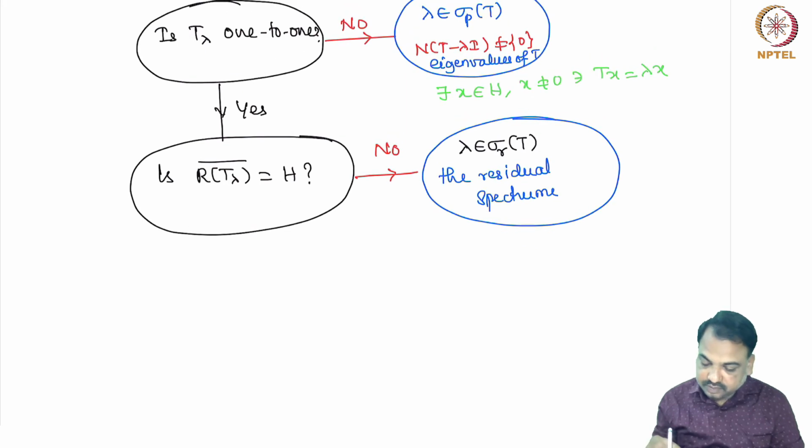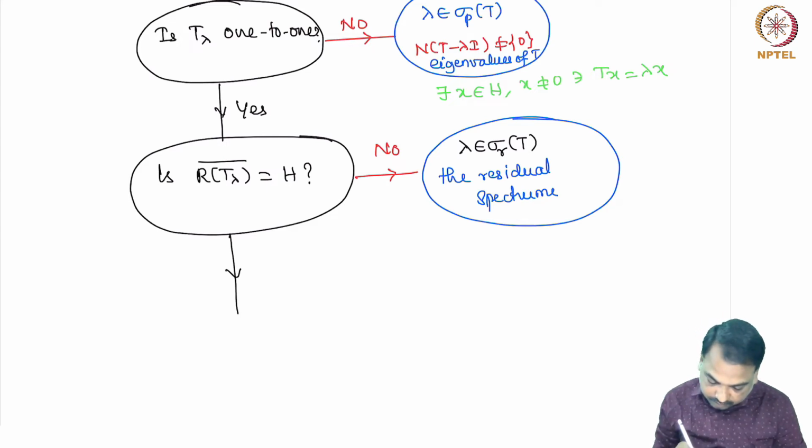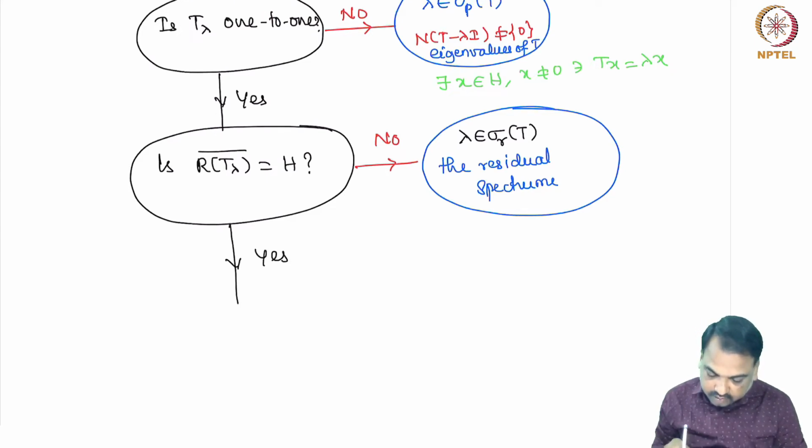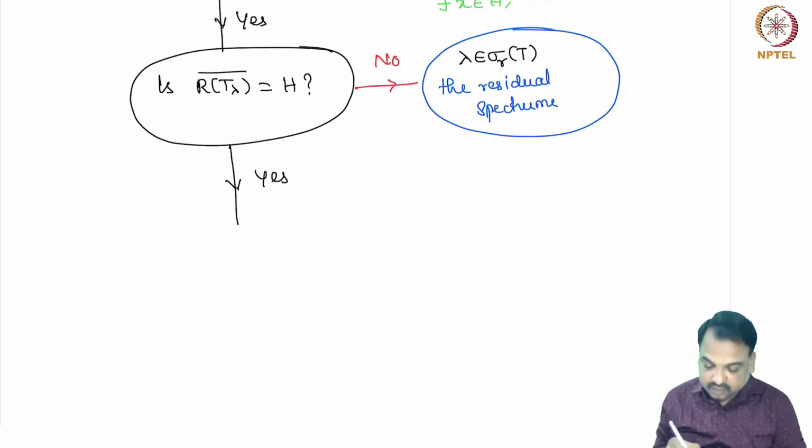Now suppose there is a lambda such that T lambda is 1 to 1, and the second question is answered yes, that is, the range of T lambda is dense. Then what will happen? If the range is dense, we can ask one more question.